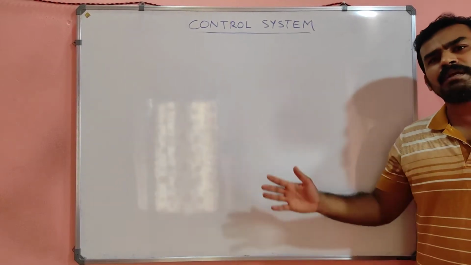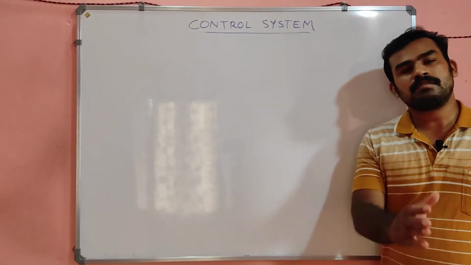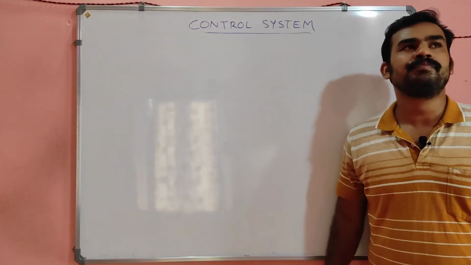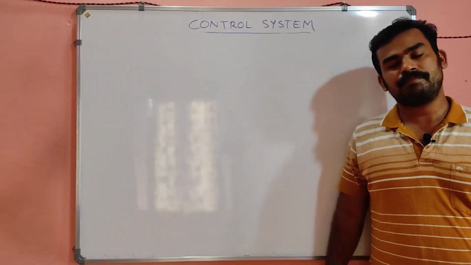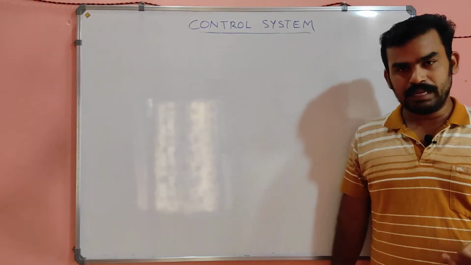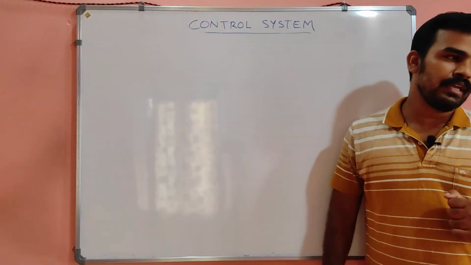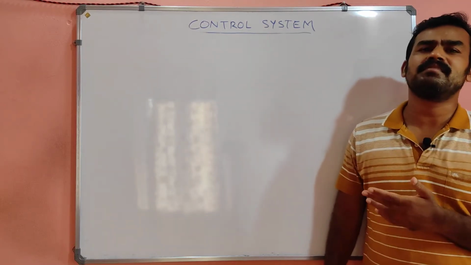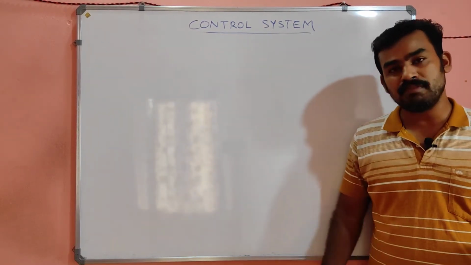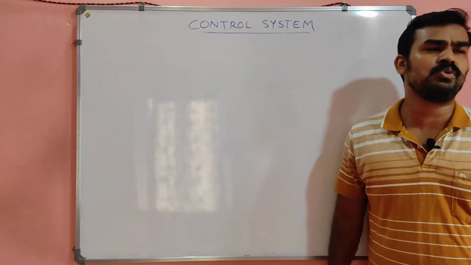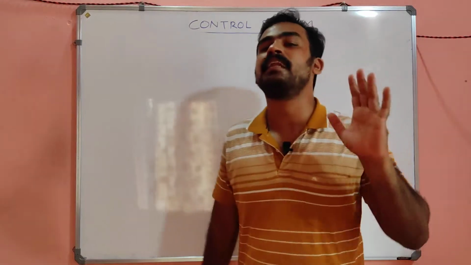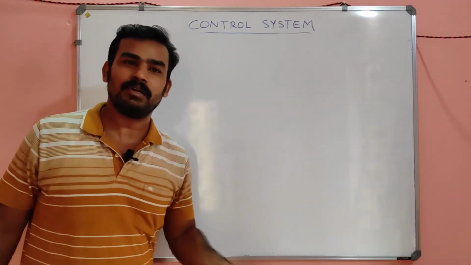It is a very big topic, so that is not included in your syllabus. That's why I skipped it, but if time permits, I will come back and tell. And one more thing, root locus: the theory and problems regarding root locus are very vast. As far as competitive examinations are concerned, I haven't seen any question regarding root locus yet.